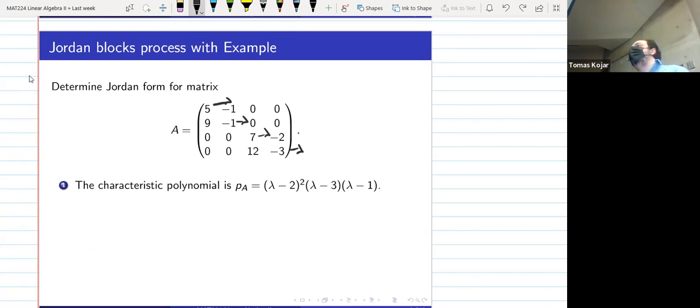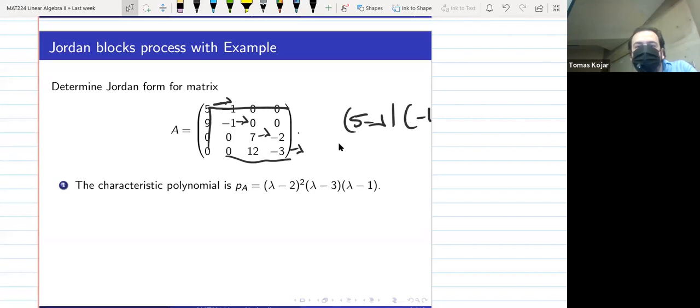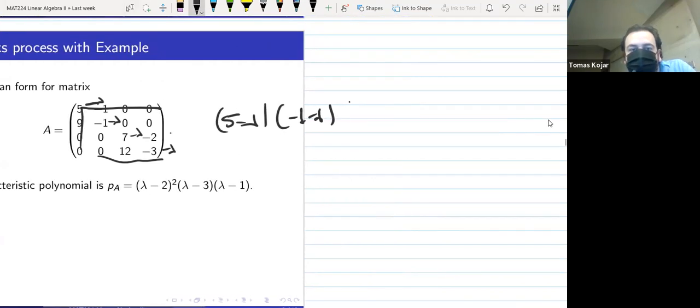So you do this, you get a smaller matrix, and then you play the game. You get 5 minus lambda, then minus 1 minus lambda, and then you have the 2 by 2 matrix. So we have minus 3 minus lambda, times 7 minus lambda, plus 2 times 12.